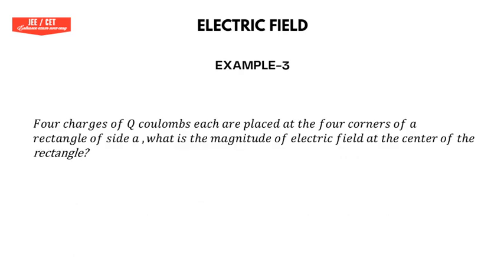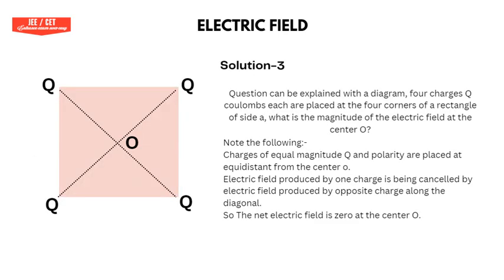In the example 3, there are 4 charges of q coulombs each placed at the 4 corners of a rectangle of side a. Calculate the magnitude of electric field at the center of the rectangle. The question can be explained with the help of a diagram.